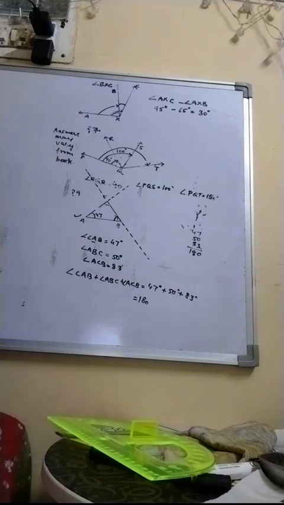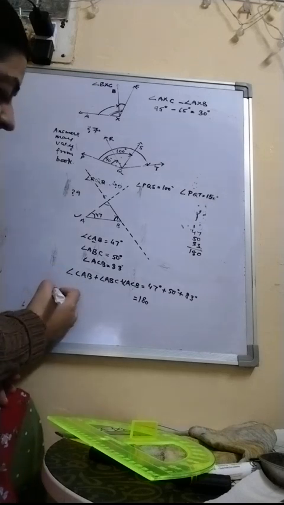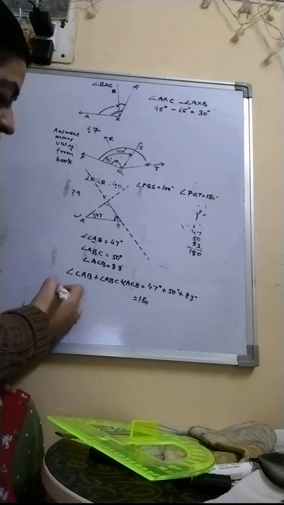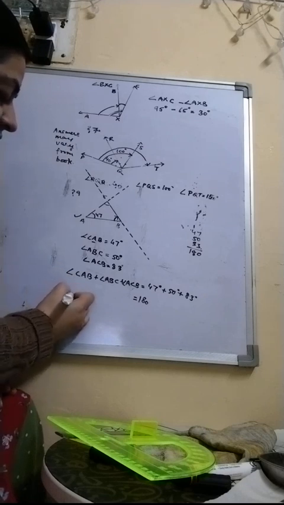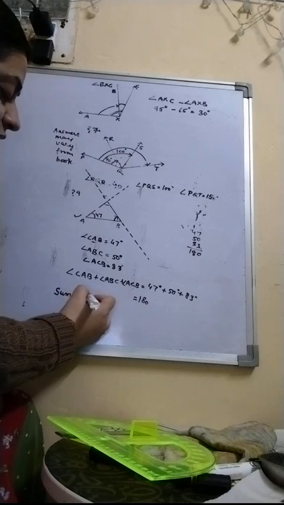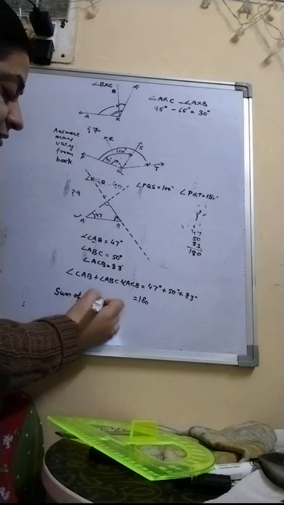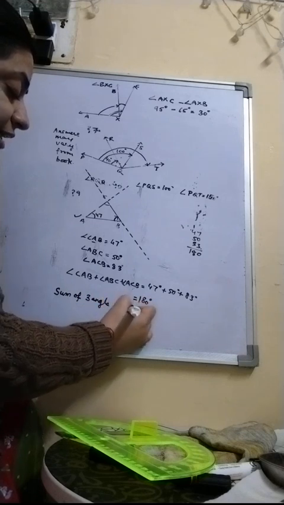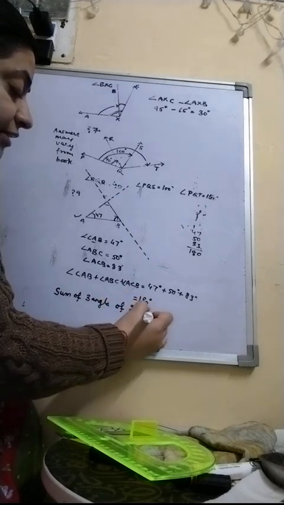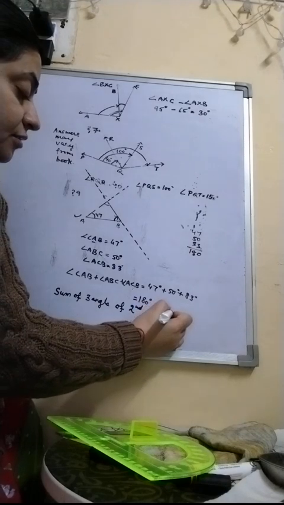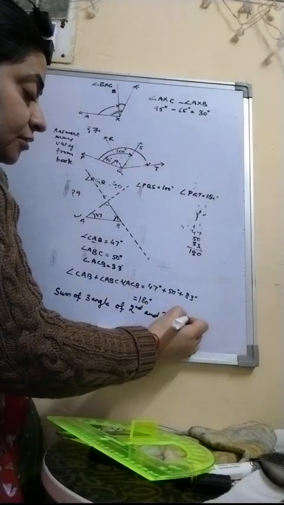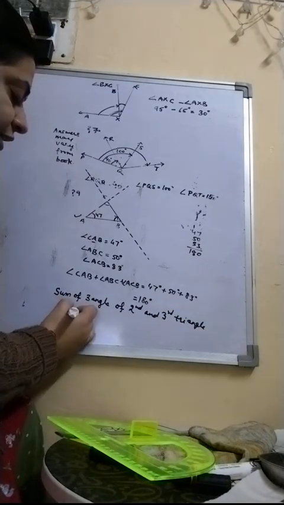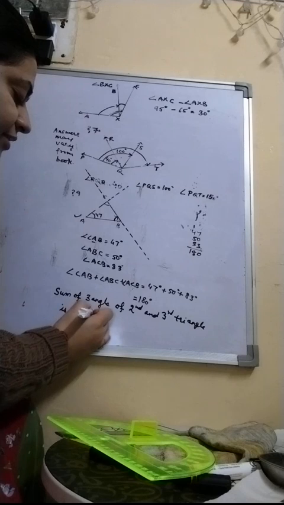When you measure the other two triangles, you would get that the sum of the 3 angles of the second and third triangle is also 180 degrees.